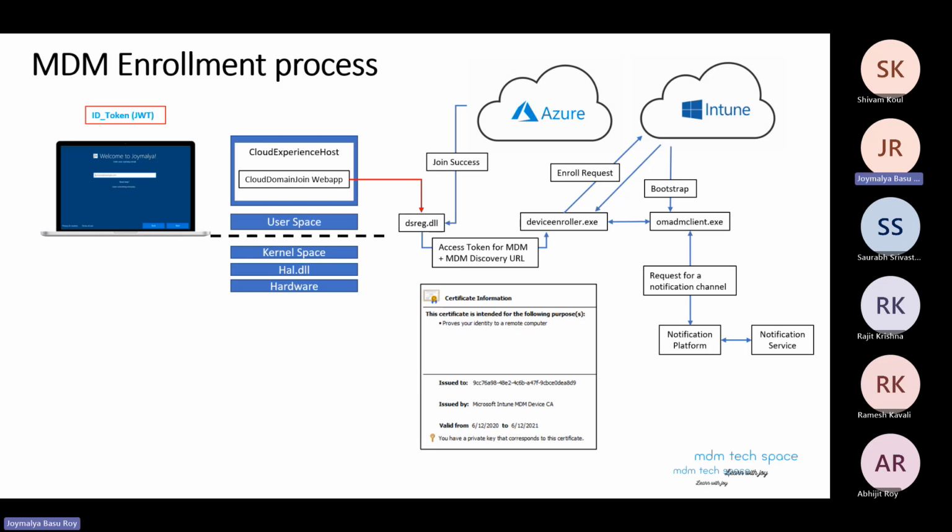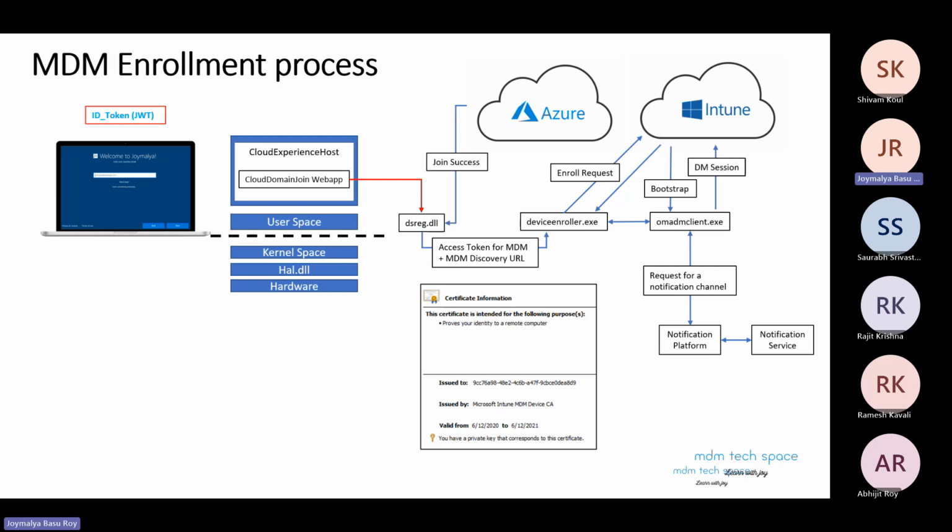From now on, the OMADM client on the device will only consider Intune as its provider, and that is why a device cannot have multiple enrollments, because it can only be enrolled to a single instance. Basically, from now on, Intune is saying: I am your master and you will need to obey my orders.